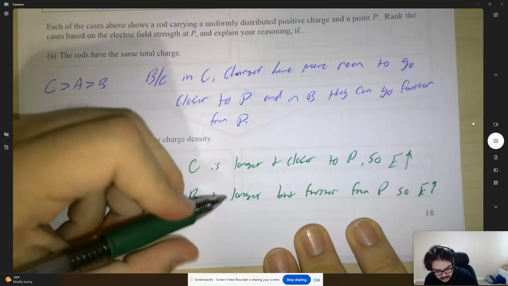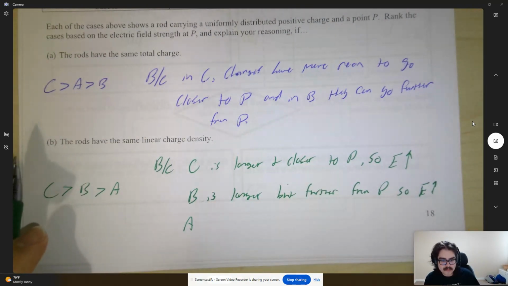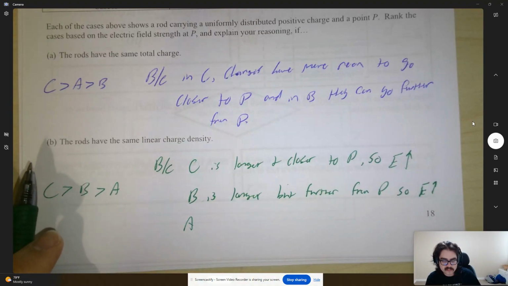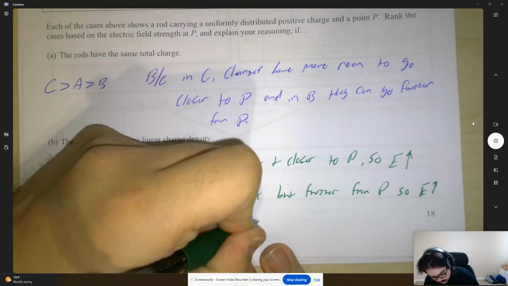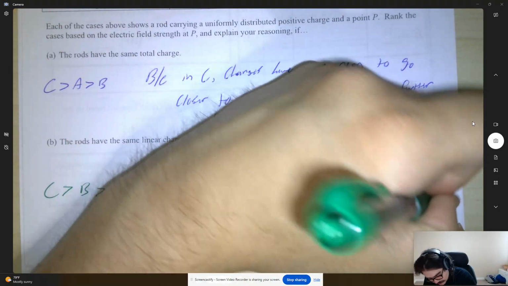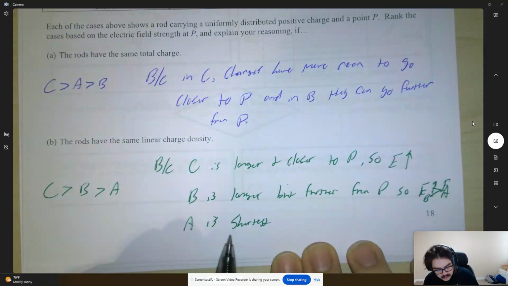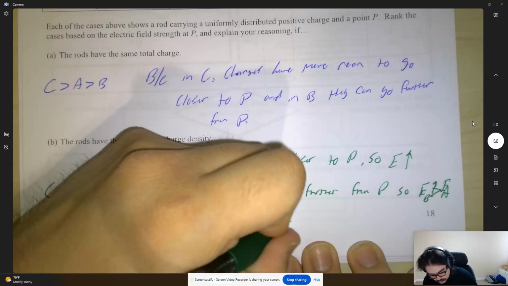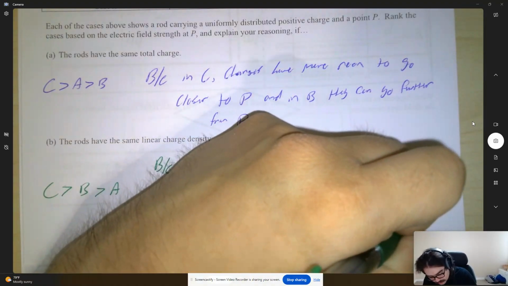And then A, I don't really need to prove A because I've already kind of implied that A is going to be last place through what I've already said. But A is shortest. So E from B is greater than E from A. A is shortest, so E must be least.